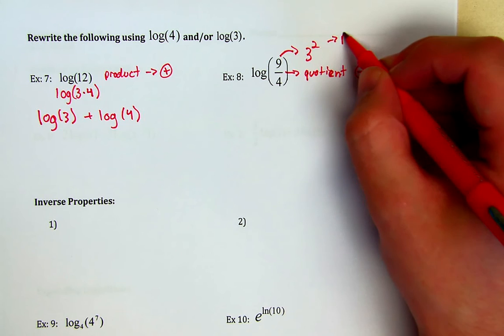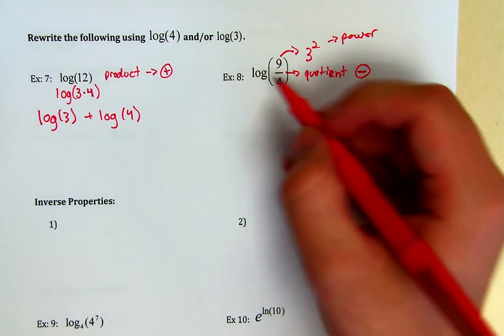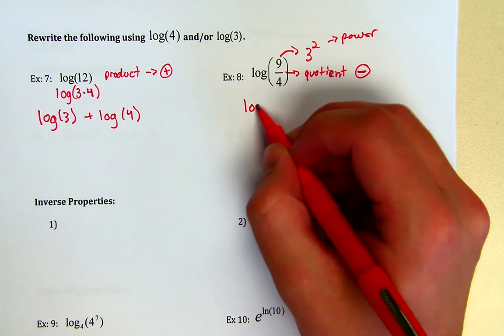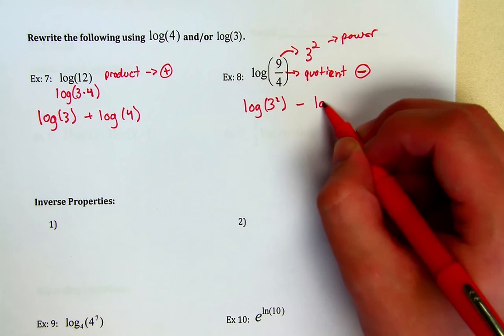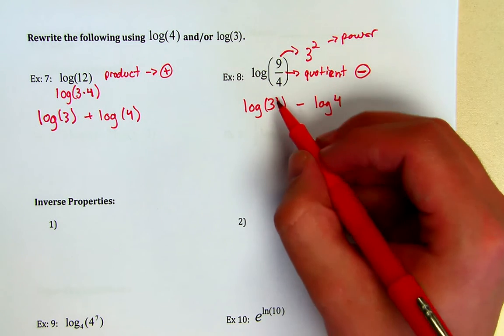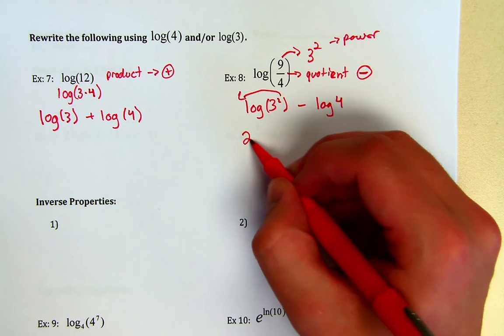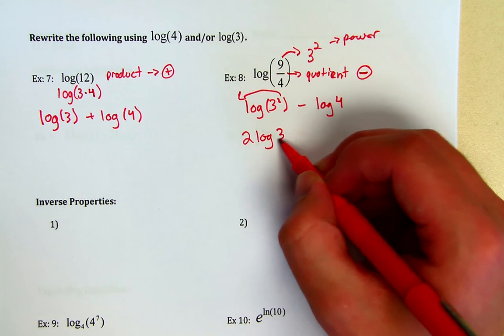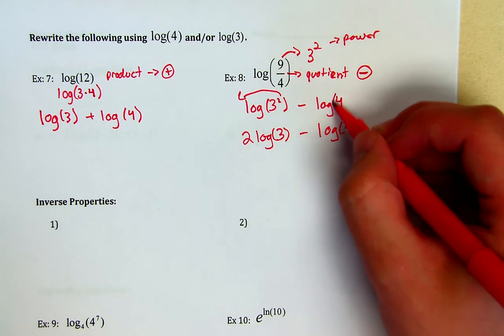And again, this is that power rule. So now splitting this up, I have log of 3 squared minus log of 4. And again, take your 2 power, bring it on down. So you have 2 log 3 minus log of 4.